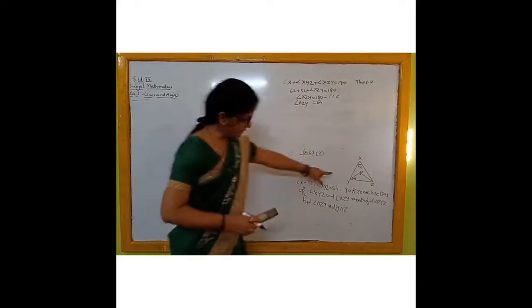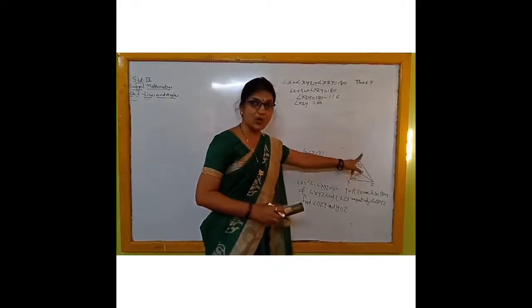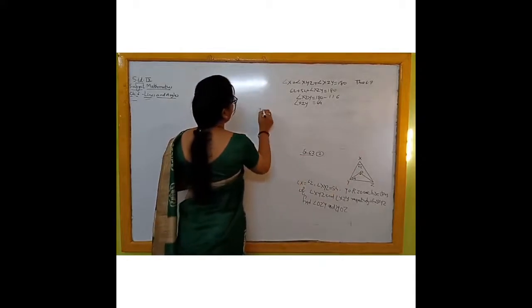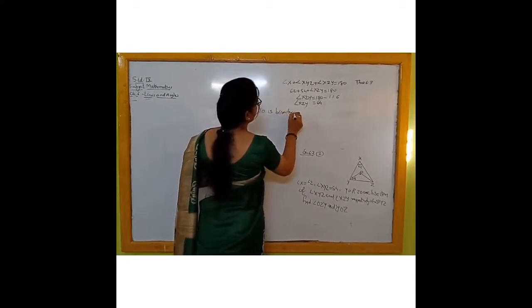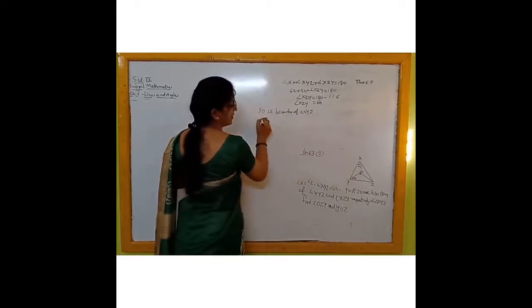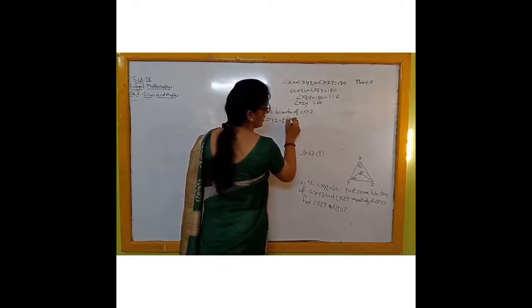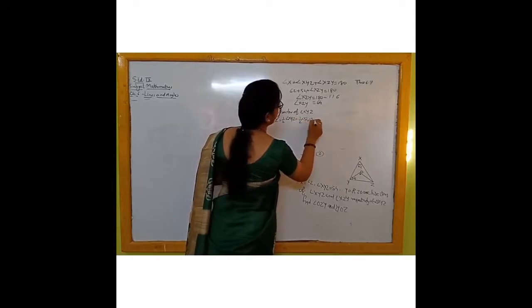Now next part, what is given? YO is the bisector of angle XYZ. Therefore, as YO is the bisector of angle XYZ, angle OYJ is half of angle XYZ, that is half of 54, that is 27.